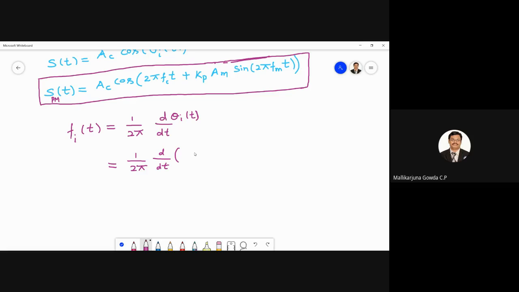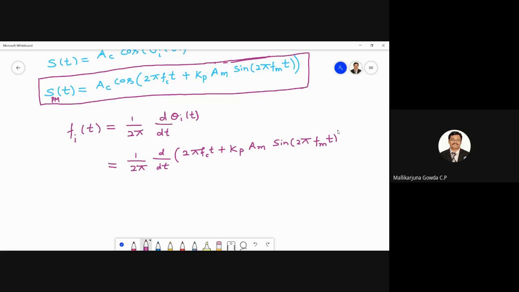It is 2 pi fc t plus kp m of t. You have to tell the value of m of t here: kp Am sine of 2 pi fm t.